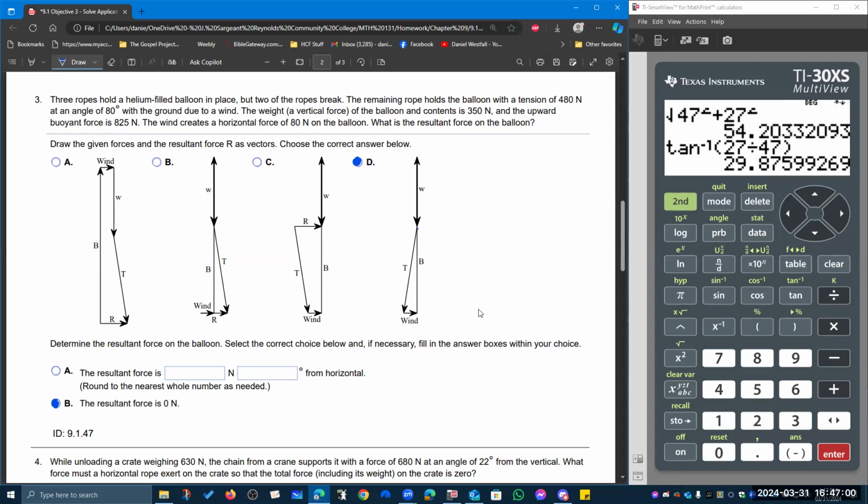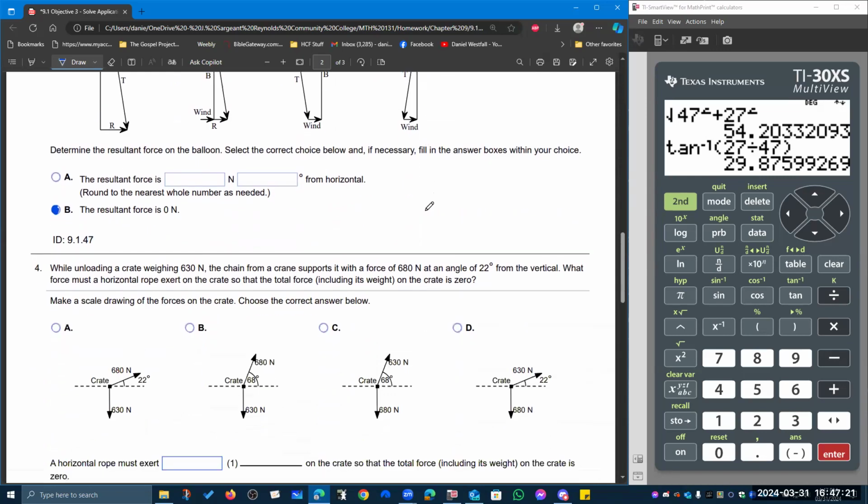Then I add it to the tension and it zeroes out. So that's all they want you to see there, because the unbalanced portion of the buoyancy plus the wind balances out perfectly with the tension there, since it's a closed loop.